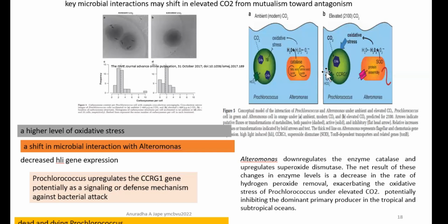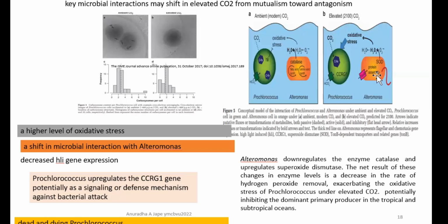The number of these vesicles which are involved in CO2 entrapment is reduced. HIL gene expression also gets decreased in Prochlorococcus. As a result, its mechanism to fight back oxidative stress is compromised. So it has no mechanism to fight back the oxidative stress.